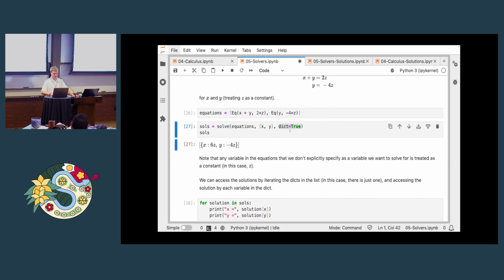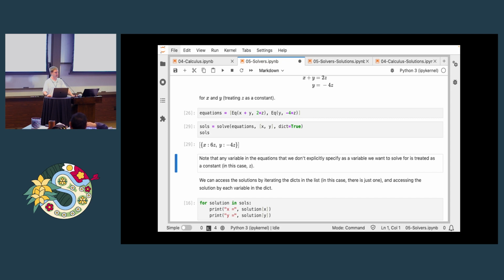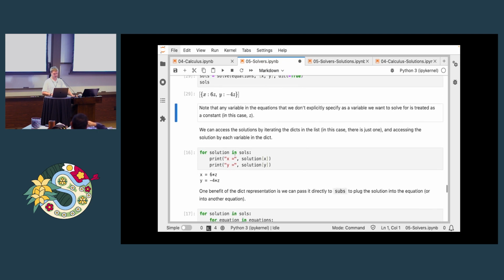If you don't pass this, the output will differ depending on what the solution set looks like. This forces the output to always be the same regardless of the actual output, so it makes it easier to work with programmatically. It's always going to be a list of dictionaries, even if there's only one solution.